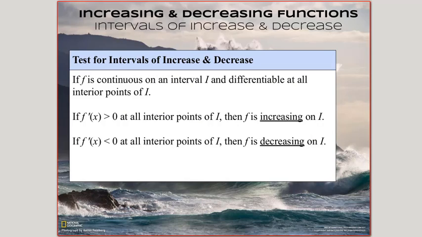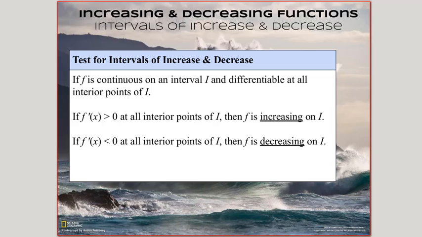If f is a continuous function on an interval I and differentiable at all interior points of that interval, then if the derivative is greater than 0, then we say f is increasing. And if the derivative of f is less than 0, then f is decreasing.